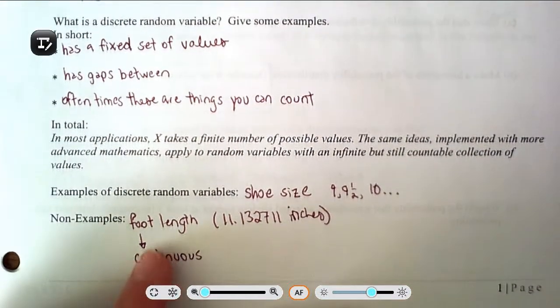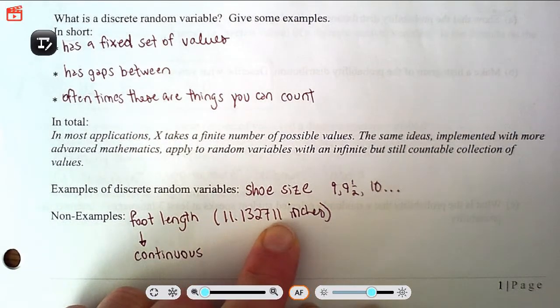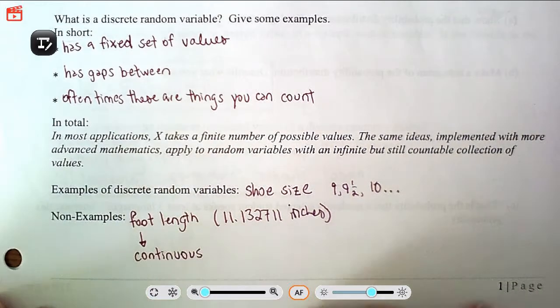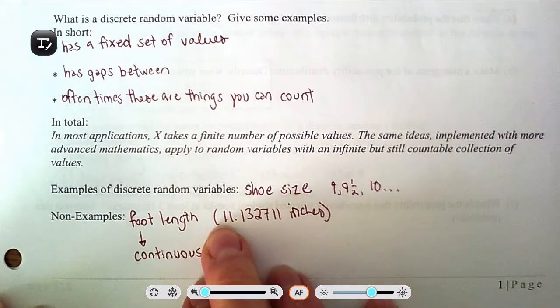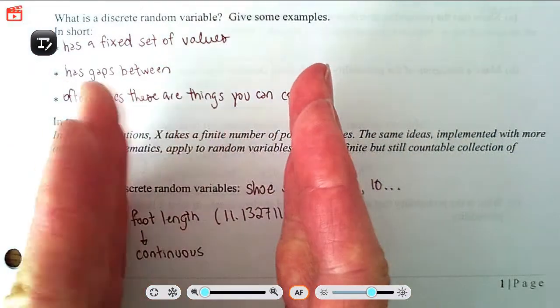A non-example is foot length, because you can technically measure a foot to very many decimal places. So we view that as a continuous random variable, where from 11 to 12 we have a whole continuum of foot lengths.